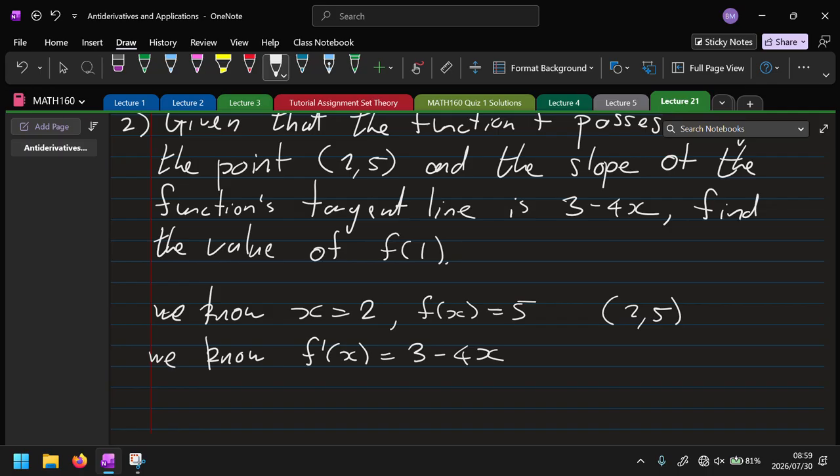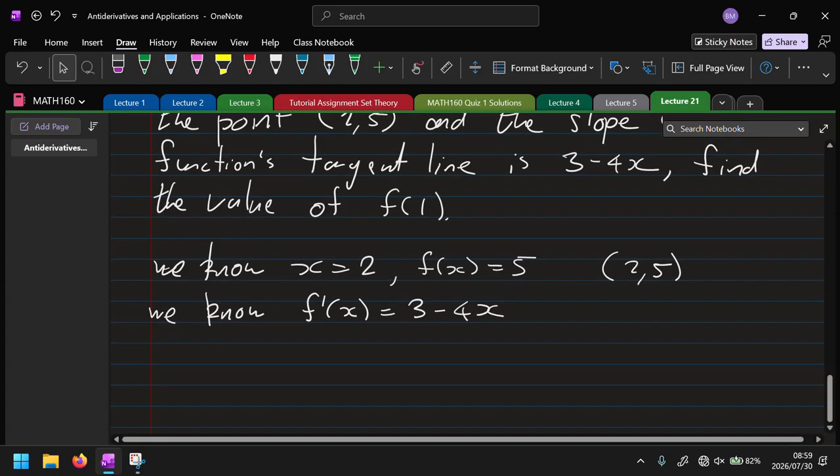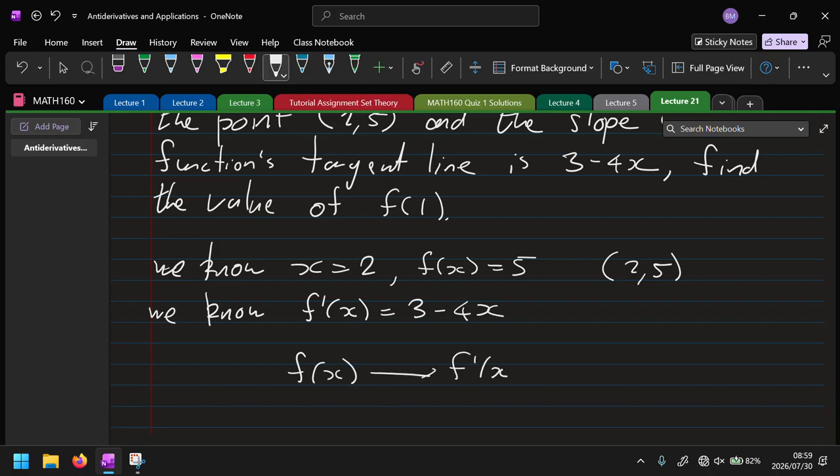If you want to go backwards to the function, it's the antiderivative. Okay, so again here, f of x to f prime of x, that's d by dx. We're given this side, we want this side, so we need the antiderivative to go backwards.